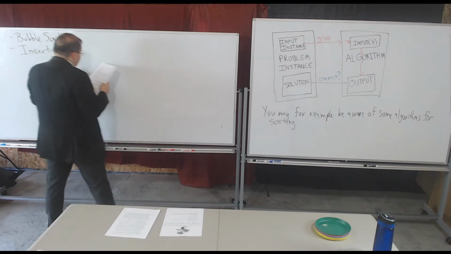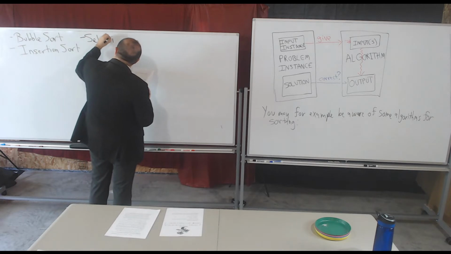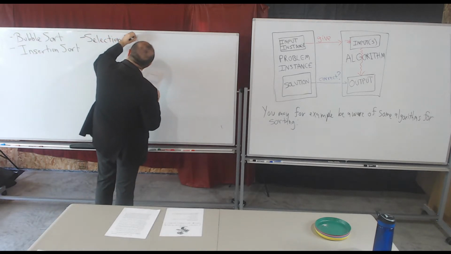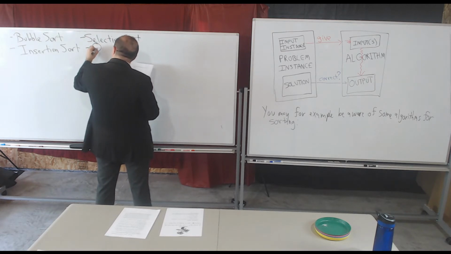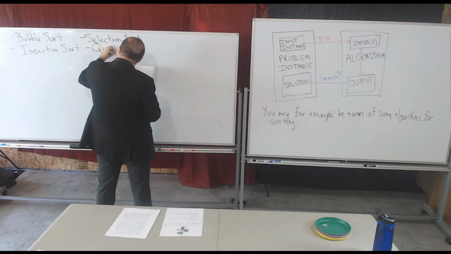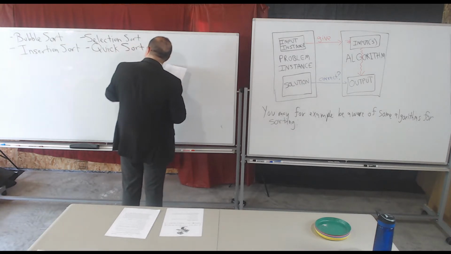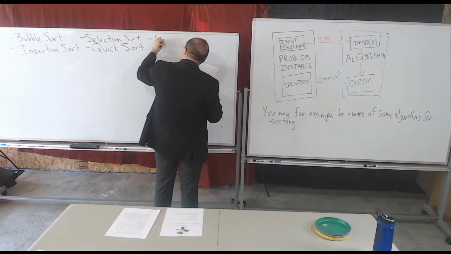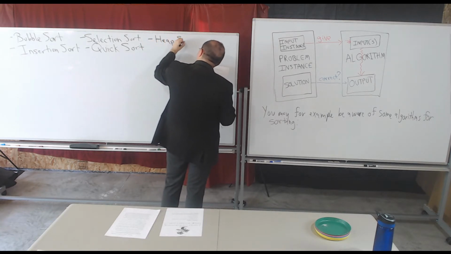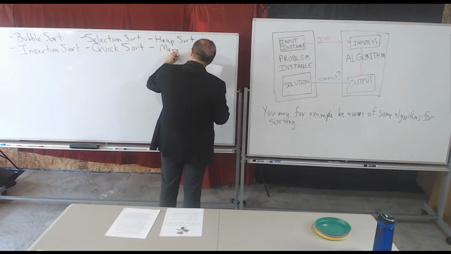What are some other ones? How about selection sort? Selection sort's another sorting algorithm. How about, let's go into the beefier ones. Quicksort. Quicksort is a rather interesting sorting algorithm. How about heap sort? Heap sort is interesting. How about merge sort? Merge sort is another sorting algorithm.